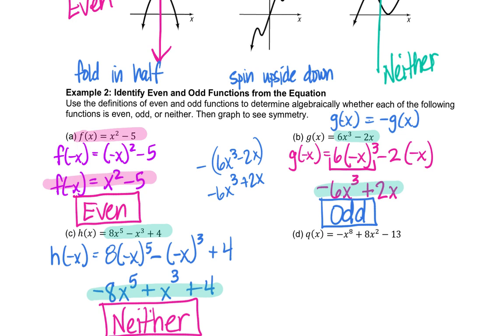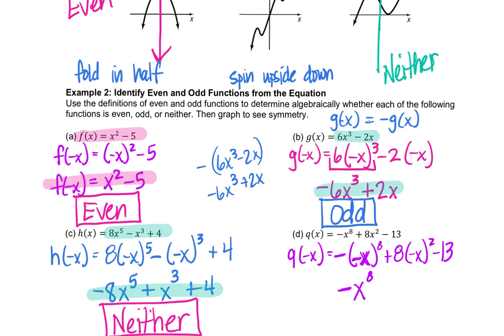All right. And then the next one we have q of negative x. So you got negative x to the 8th plus 8 negative x squared minus 13. So the negative x to the 8th becomes positive because you have an even number of negatives. So that is x to the 8th. This negative here will come down.